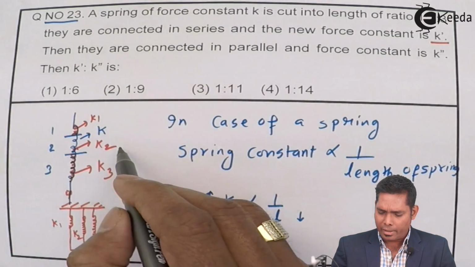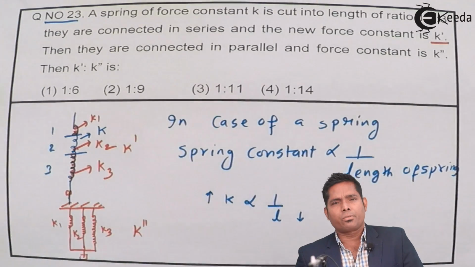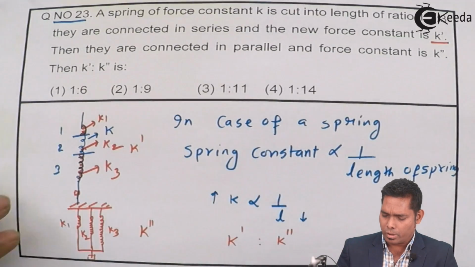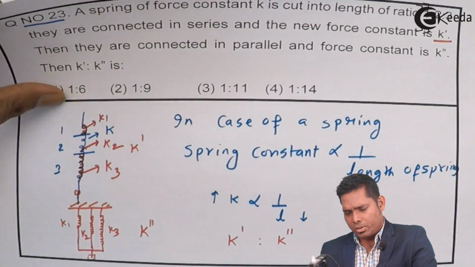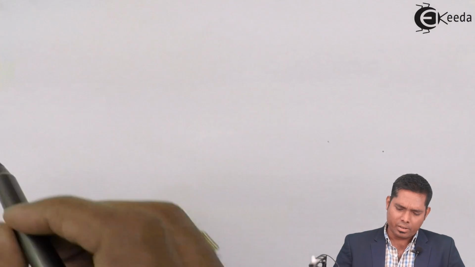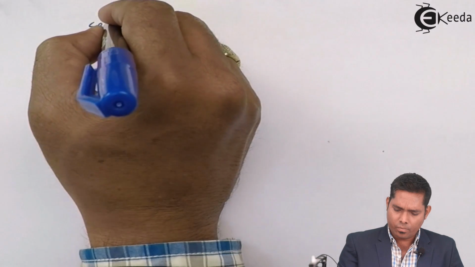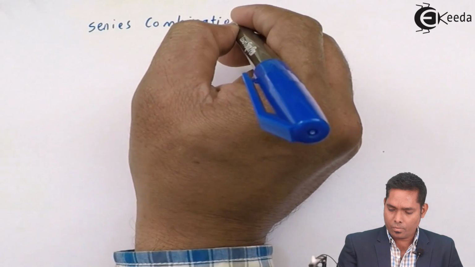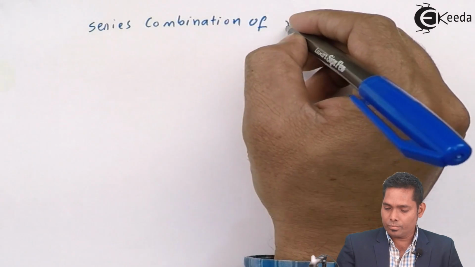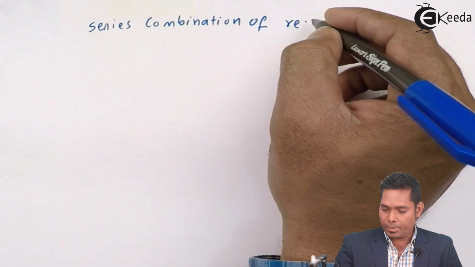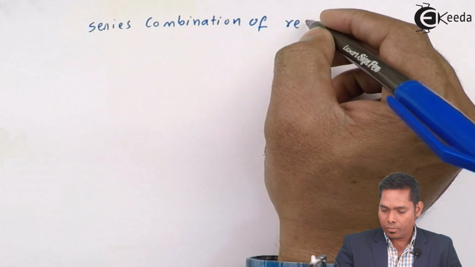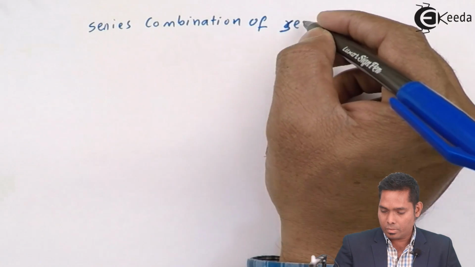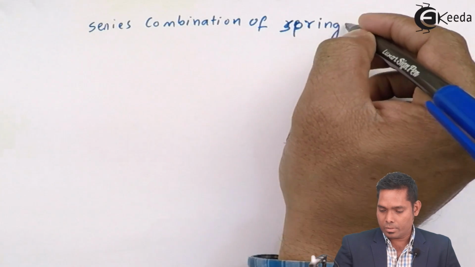In the series situation, the effective stiffness constant is K prime. Our aim is to find K dash to K double dash. So I will first find the series combination of springs.